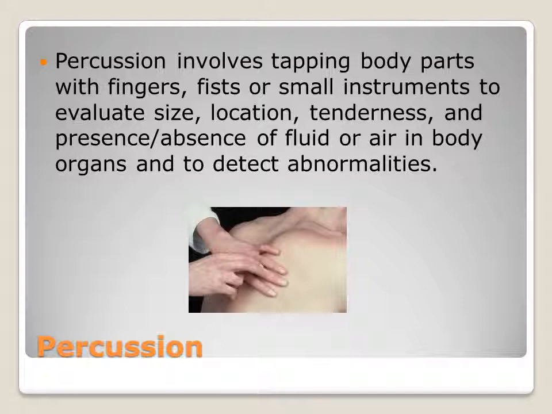If it's direct, you're striking the body to elicit sounds. Indirect is what the picture is showing in your slide. You place the hand flat on the body and strike the hand rather than the body to elicit sounds, usually the middle finger. Or you can use the fist to assess for tenderness over the kidneys, liver, and gallbladder.